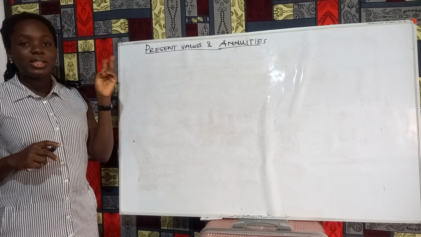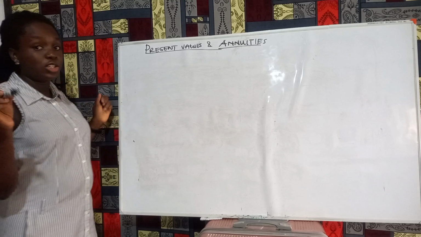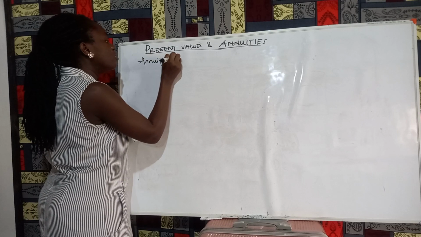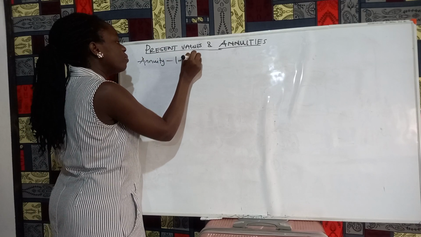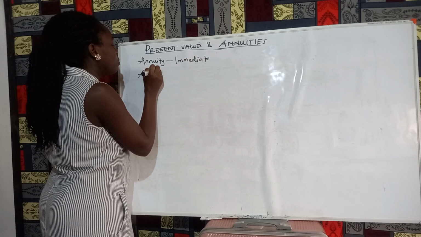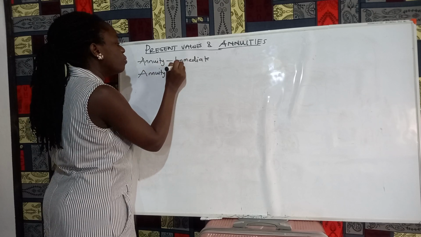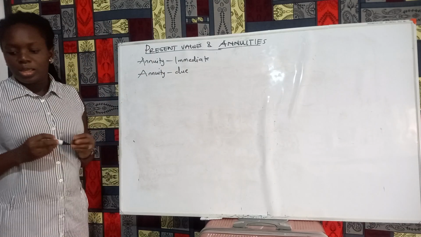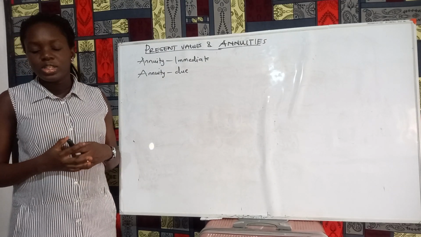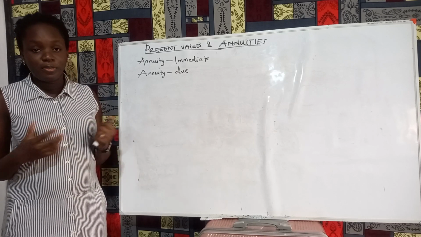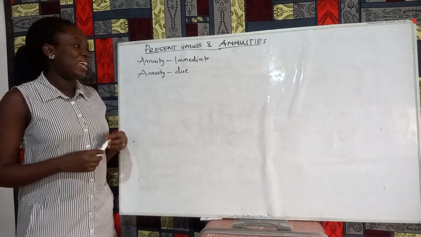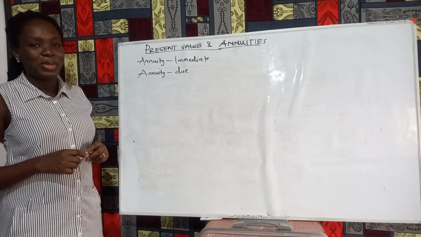We call them annuity immediate and annuity due. And then we will consider two other types of annuities, which are perpetuity and deferred annuity. Then that will bring us to the end of this topic.